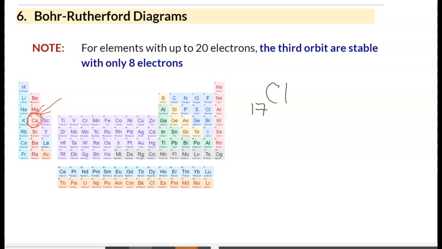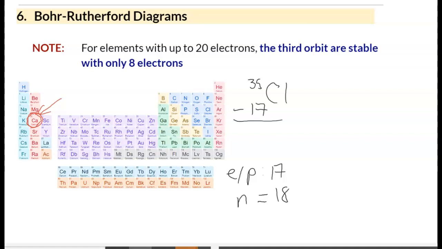So electrons and protons are going to be 17. And then if we look at the periodic table, you'll see that its atomic mass is 35.45, which makes its mass number 35. And we do the subtraction here, and we can see that the neutrons are going to be 18.